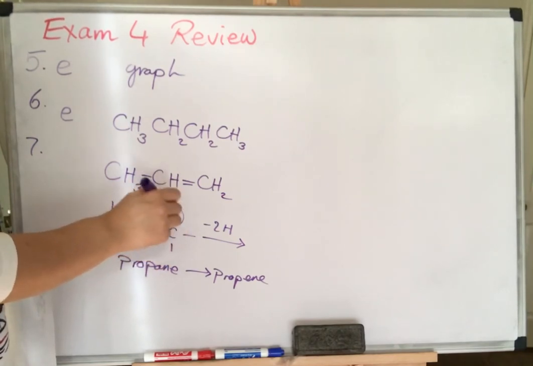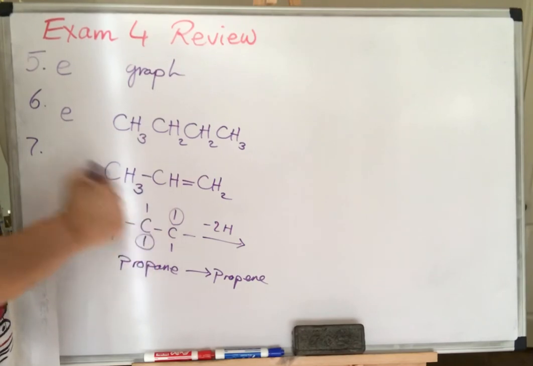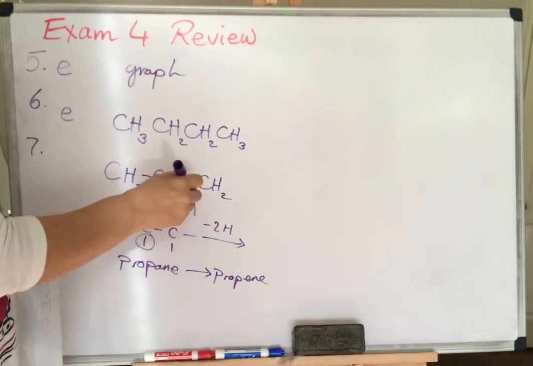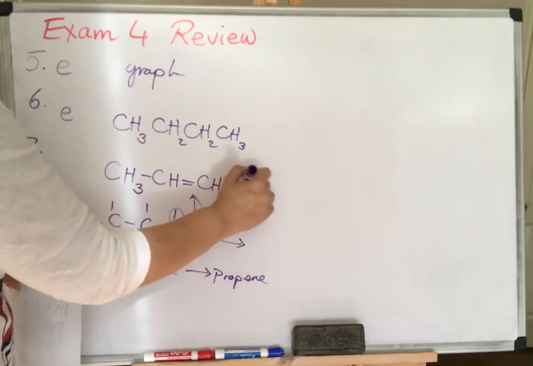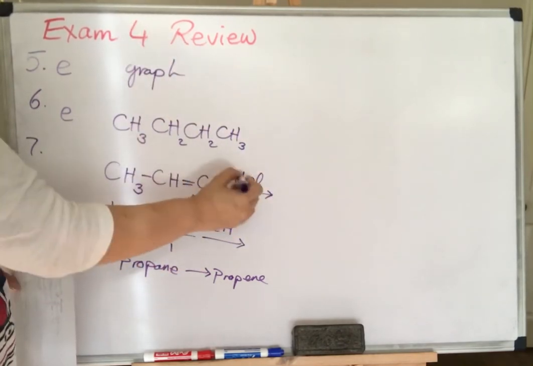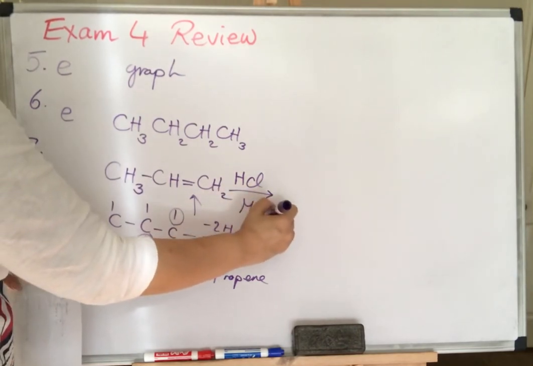Any of the hydrogens on one of the terminal carbons at the end and the middle carbon. So remove these 2 hydrogens, it's going to give you this. If you add HCl, from your chapter 23, you have the Markovnikov rule.